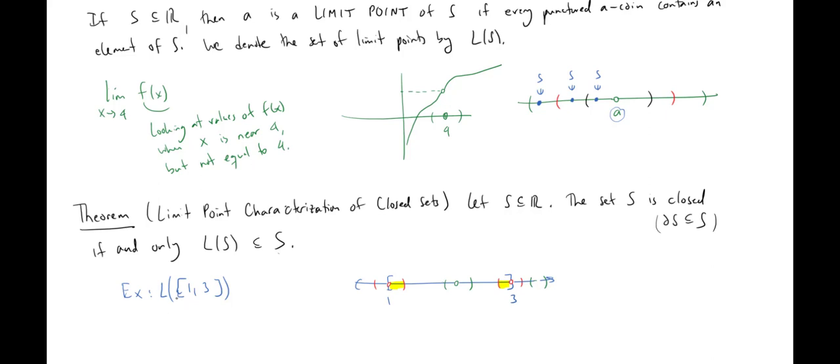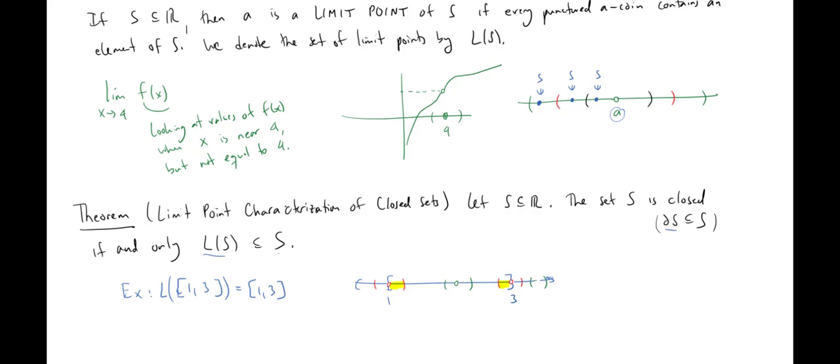So the limit point set for the interval [1, 3] is in fact the entire interval [1, 3]. Now again, the interval [1, 3] contains its limit points, and therefore the set is closed. So that's what we liked. It gives us the same answer, but it's not necessarily talking about the same set of points. The boundary points and the limit points are not necessarily the same thing.